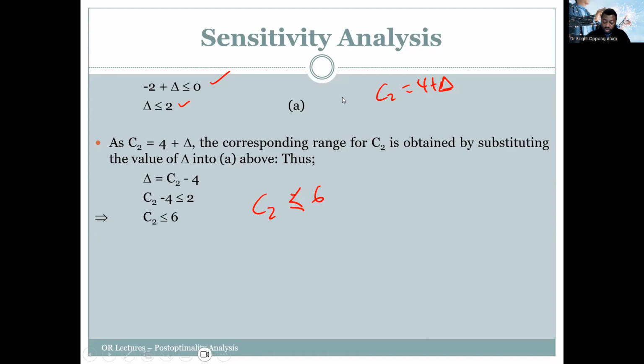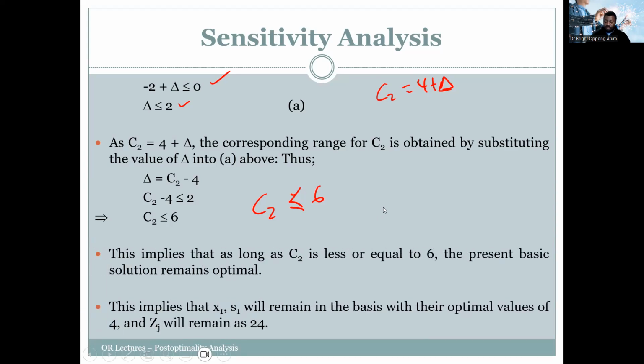So the coefficient of the second variable, the solution will remain optimal as long as C2 is less than or equal to 6. So this is very straightforward. This implies that as long as C2 is less than or equal to 6, the present basic solution remains optimal.